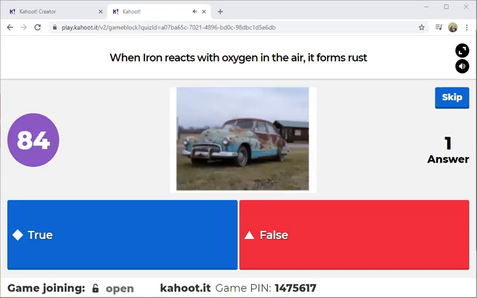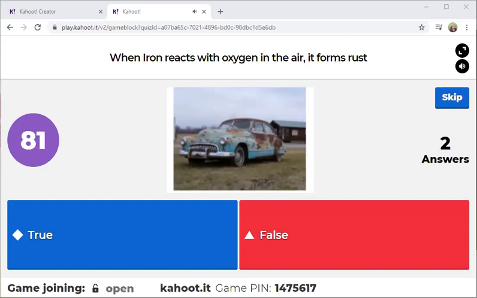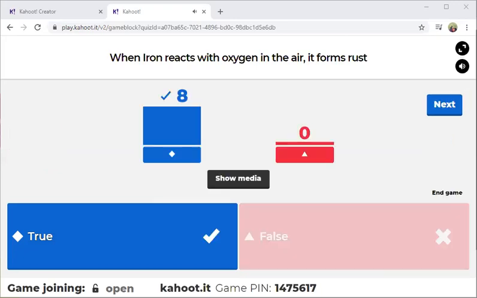Is that true or is that false? So guys, if you are not in Kahoot, please use the group chat to send through your answers.